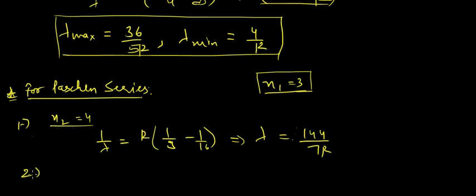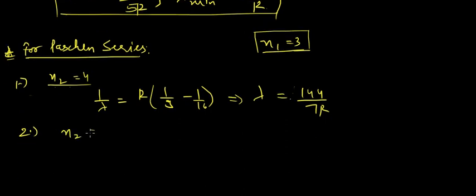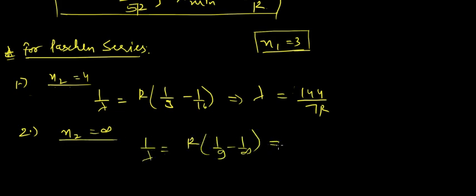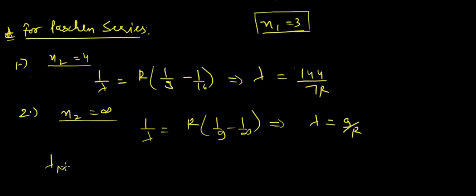Second, when n2 equals infinity, 1 upon lambda is R times 1 upon 9 minus 1 upon infinity, so lambda equals 9 upon R. So lambda max in this case would be 144 upon 7R and lambda min would be 9 upon R.